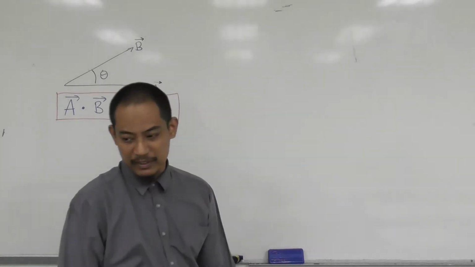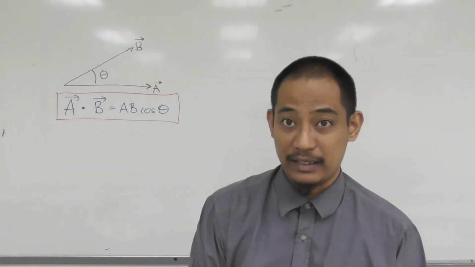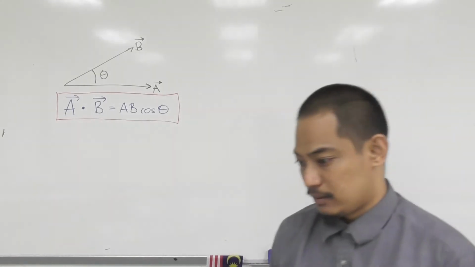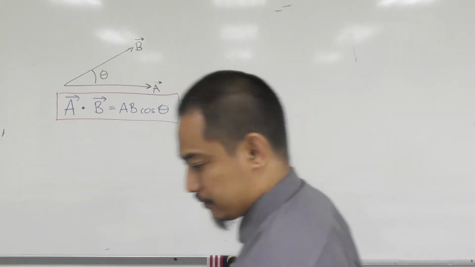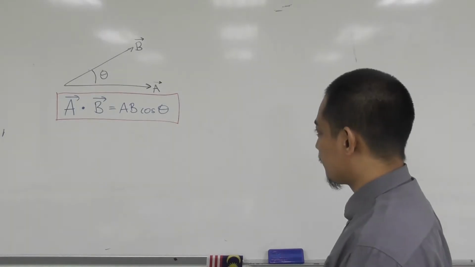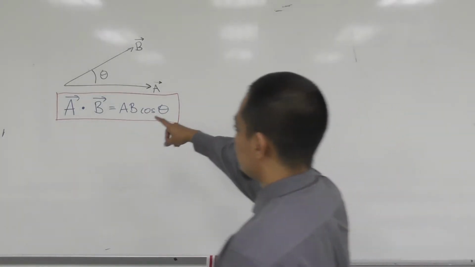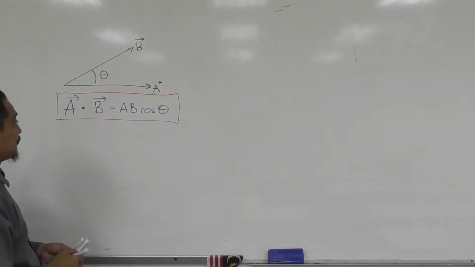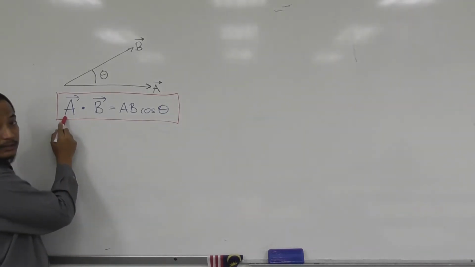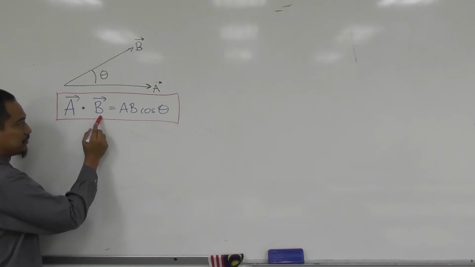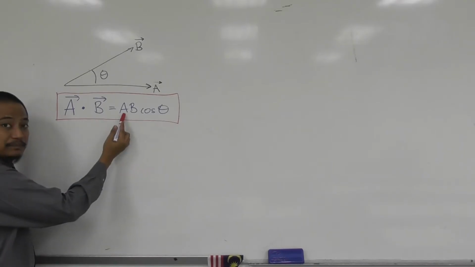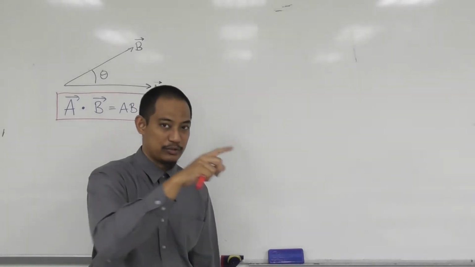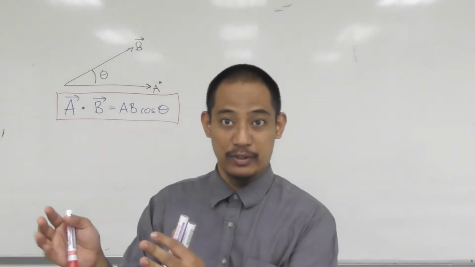Now, in the application of getting an angle, from this, if you know vector A and you know vector B, you can get the magnitudes, because if you know the vector, the magnitude is just the square root of the sum of the squares, right?